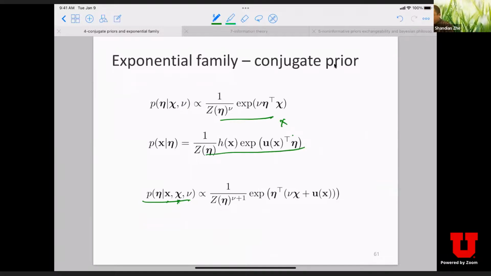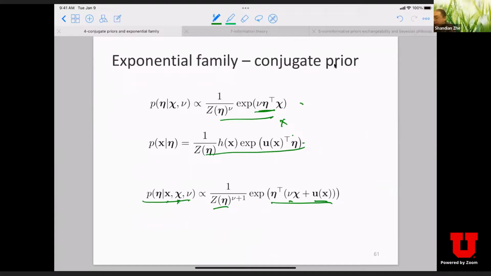If we just merge the terms together, we see that it is proportional to z of eta to the power of nu plus 1 in the denominator, and in the exponent is eta transpose times nu kappa plus the sufficient statistics u of x. Does it make sense? It's just multiplying the prior and likelihood together and merging the terms.